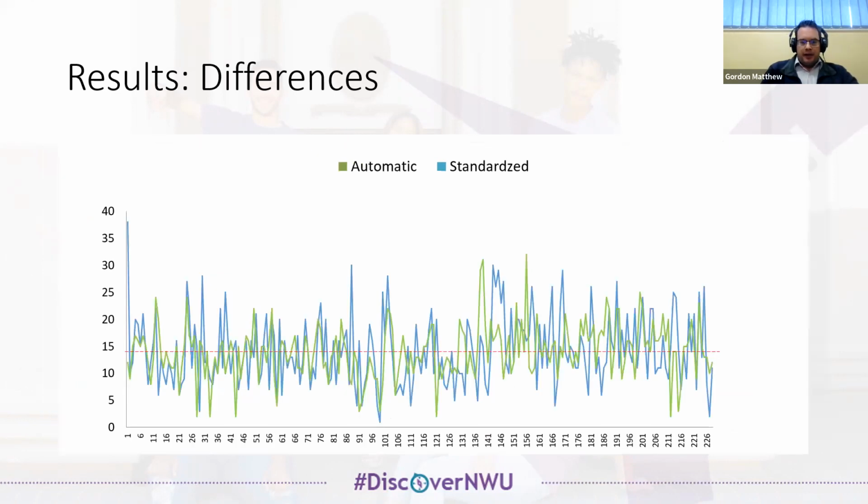The other thing is, here I've plotted all of the speeds of all of the subtitles for automatic and standardized. The red line, if you can see the red line in the middle there, is where the average speed of the subtitles was for both groups or both types of subtitles.